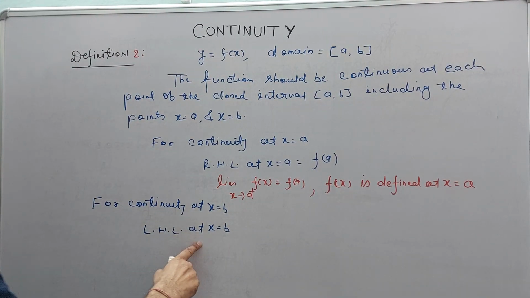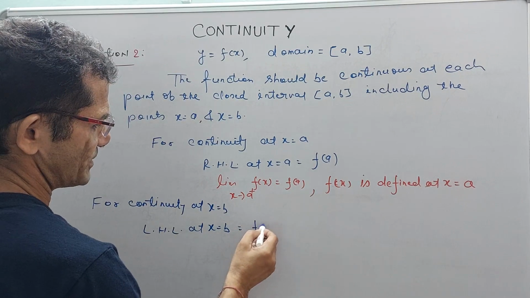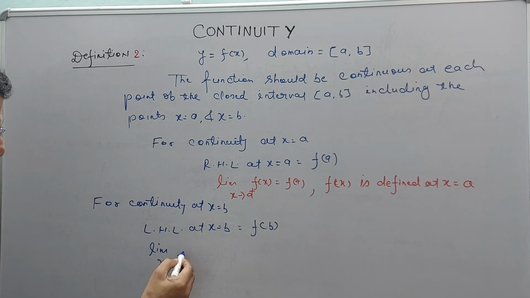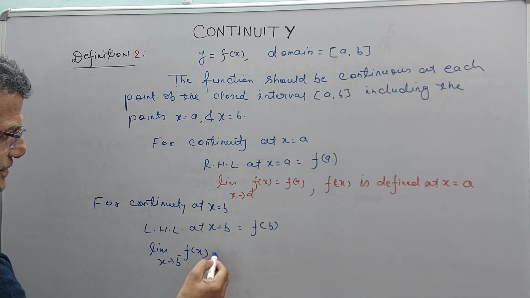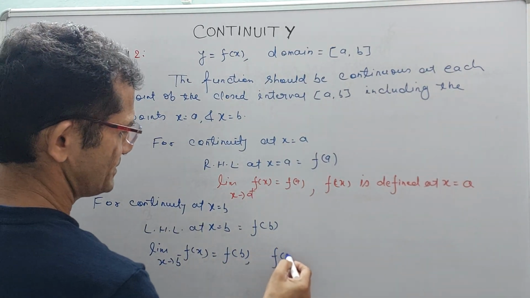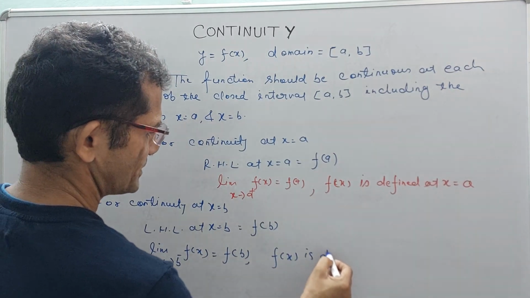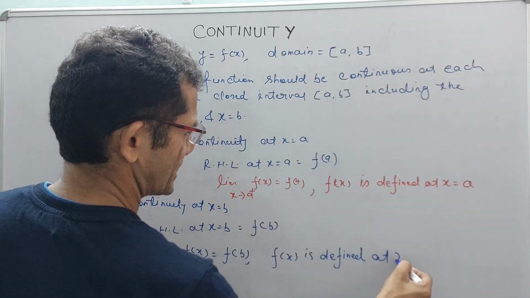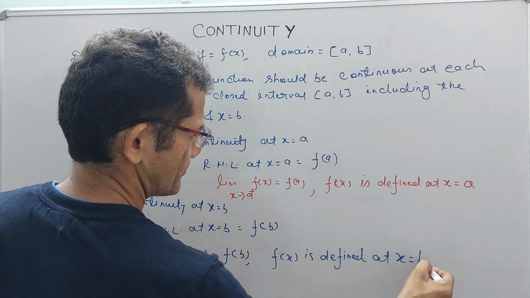So left hand limit at x equal to b is equal to the functional value. In the language of limits, the limit as x tends to b minus of f(x) is equal to the functional value. Also f(x) should be defined at x equal to b.